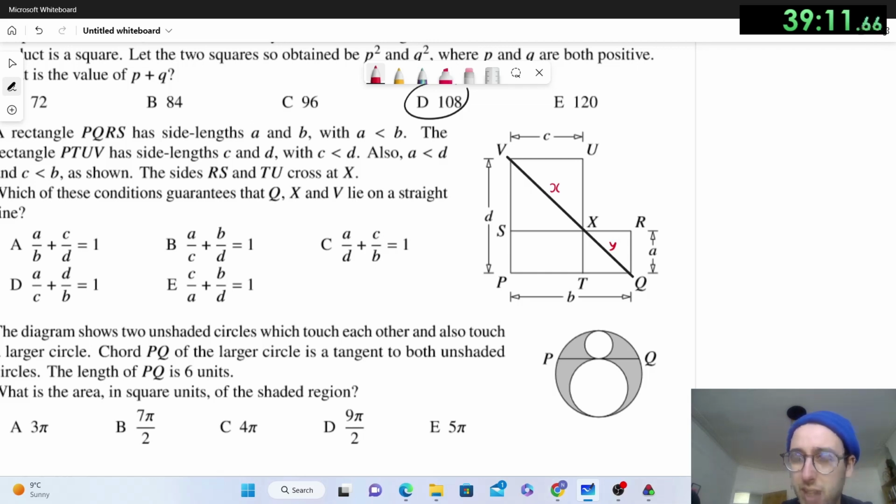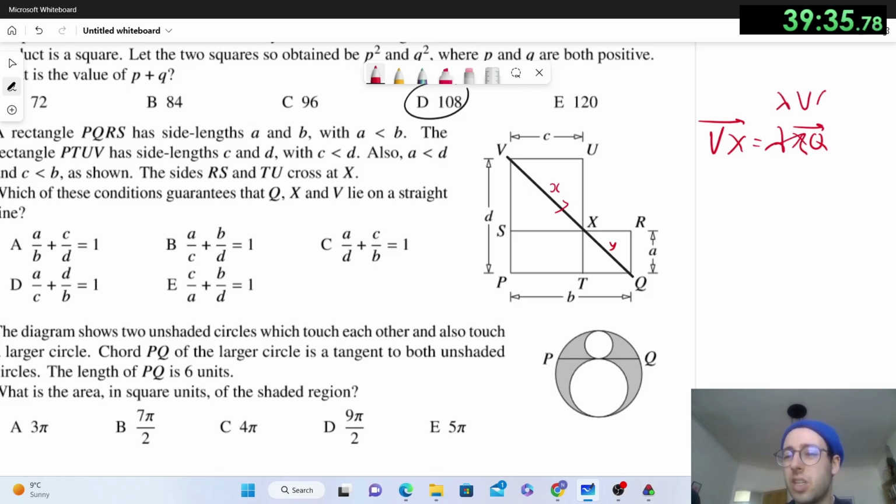If Vx is parallel to xq, then it's a straight line, but it's not. That's not true. Maybe it's Vx is parallel to Vq. How am I going to go about proving that?